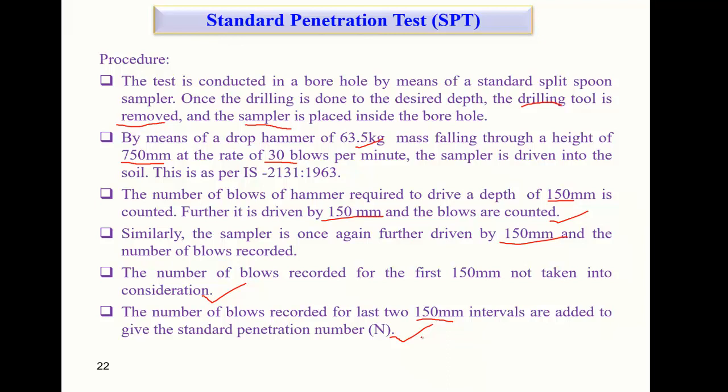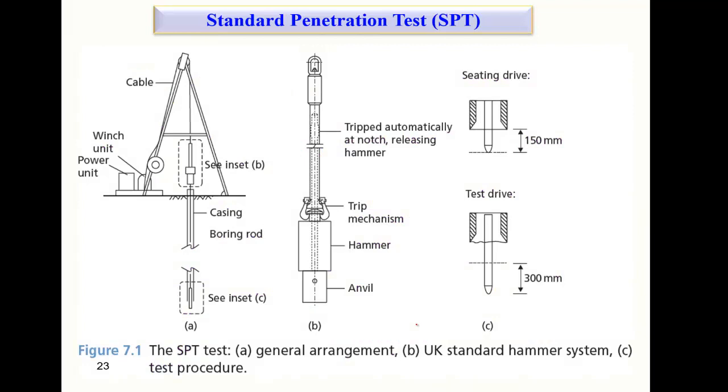This is a really important value to find out the other parameters of soil. By using this value N, you can find so many parameters of the soil. These are some general arrangements you can see. I'm not going to discuss this in detail.